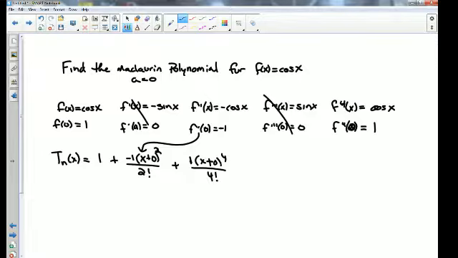Simplify. Can you write a generalization for that? Question.